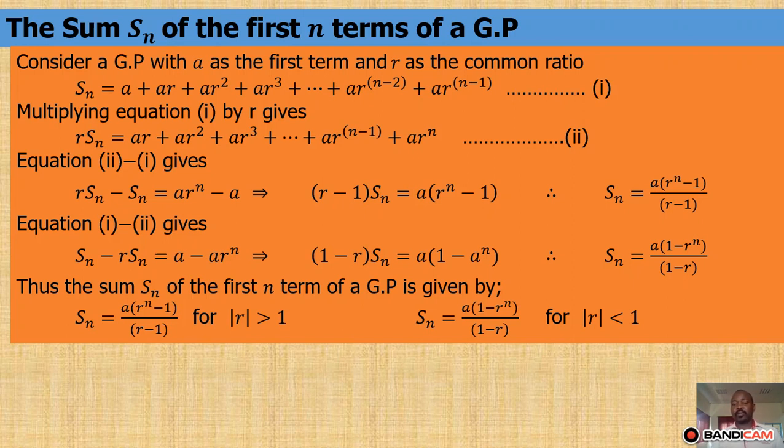When we talk of modulus of r being less than 1, we mean negative 1 less than r less than 1, when r is between negative 1 and 1.